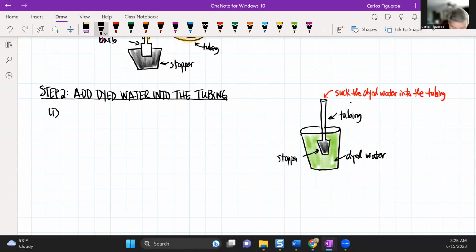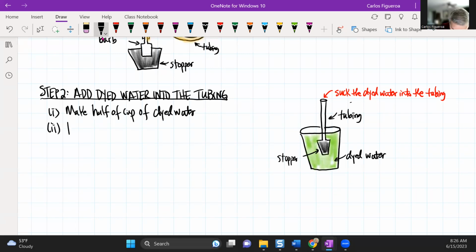So here I go. So what did I do? Make, let's say, half a cup of dyed water. I used green. Do you have to use dye? No, it's not necessary, but the dyed water makes the measurement process much easier.